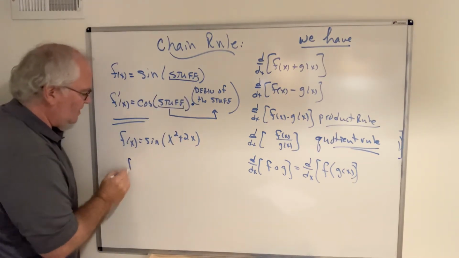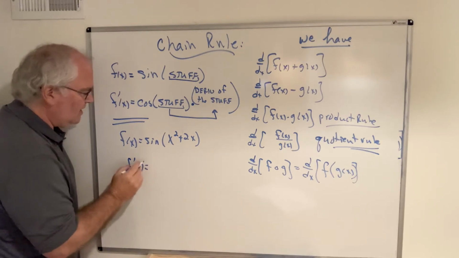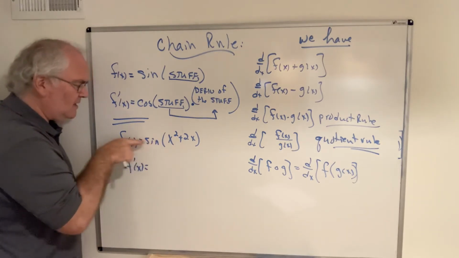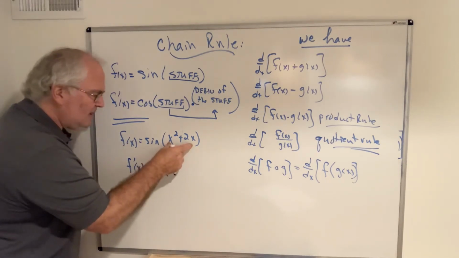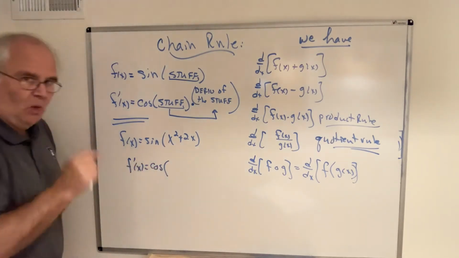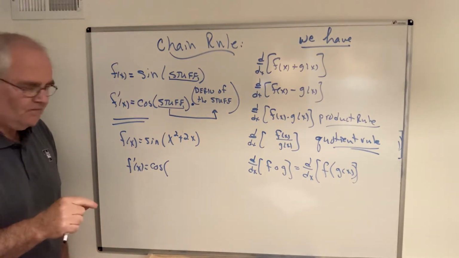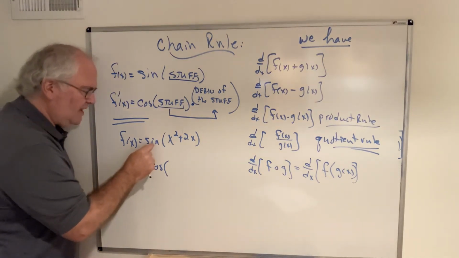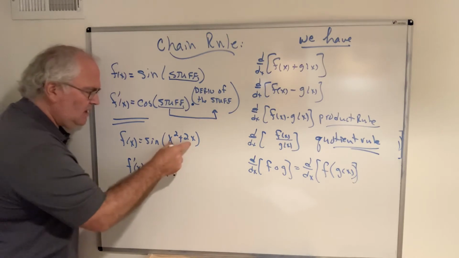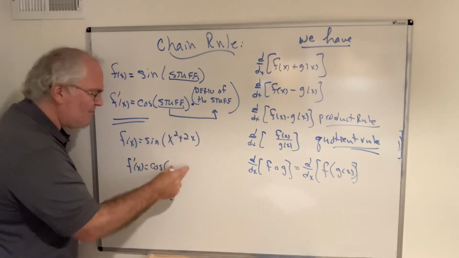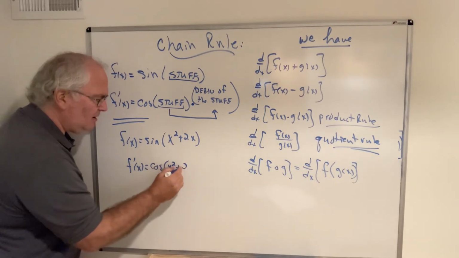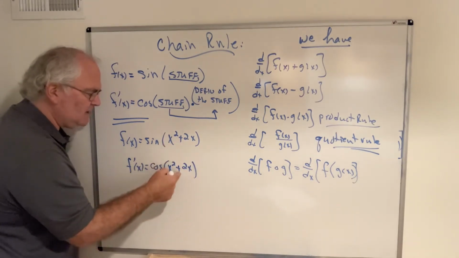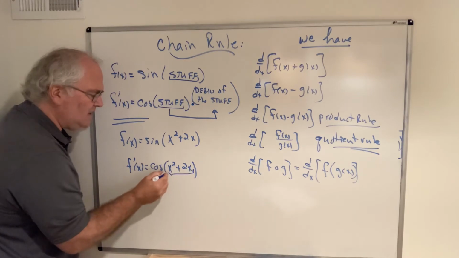The derivative from the outside in: derivative of sine is cosine, copy, paste. You only do one derivative at a time. If you don't copy, paste, it's wrong. This is x to the second plus 2x. There's my copy, paste.